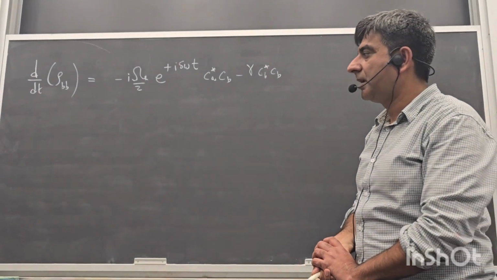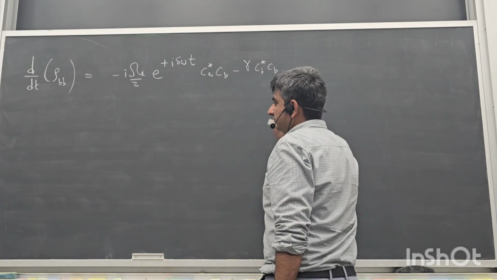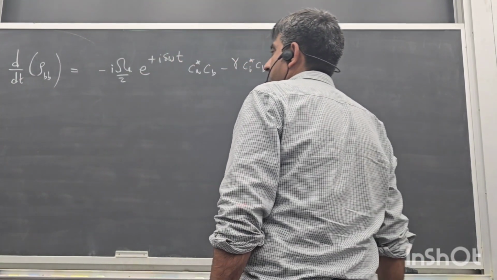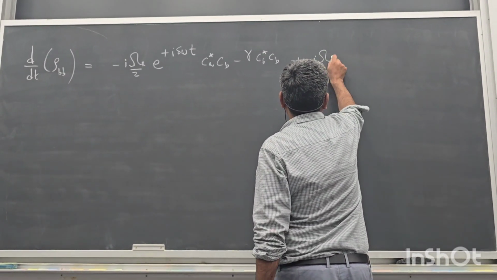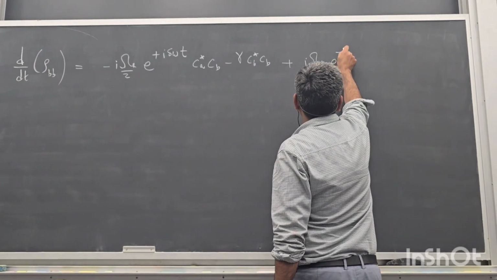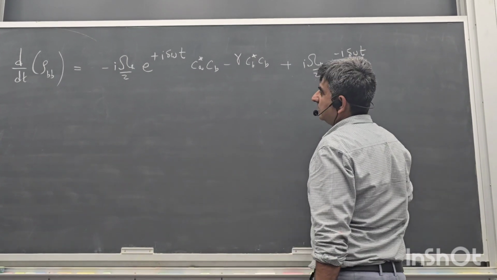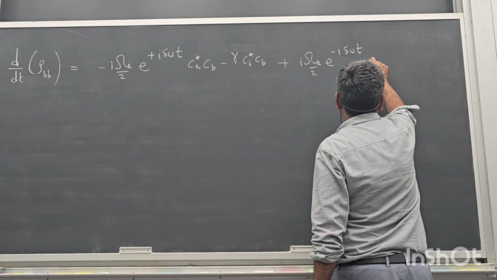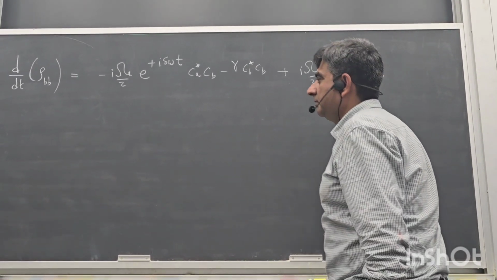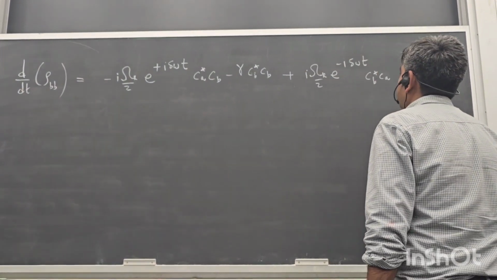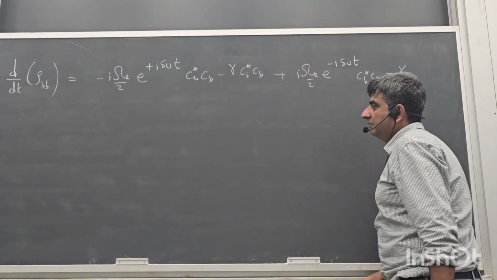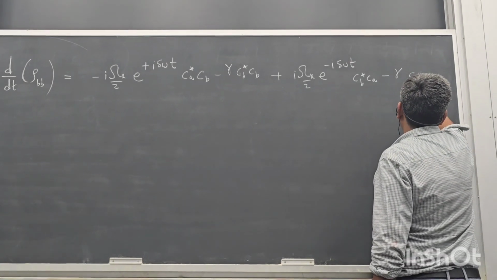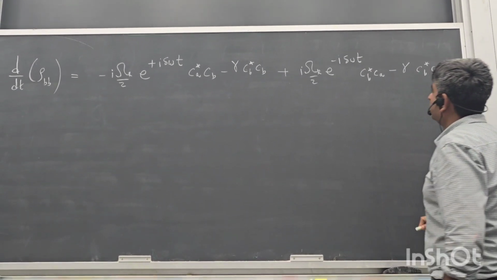Correct? Plus Cb star multiplied with that object, plus I omega r by 2 e to the minus I delta omega t, Cb star Ca, minus gamma Cb star Cb. Correct?